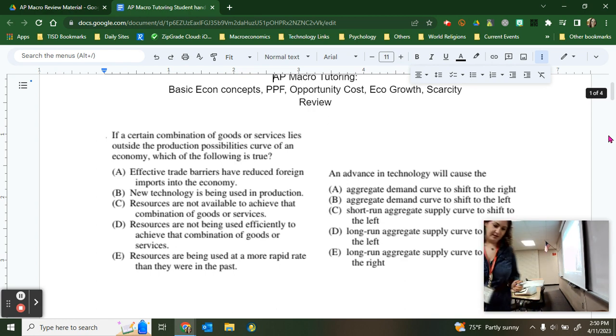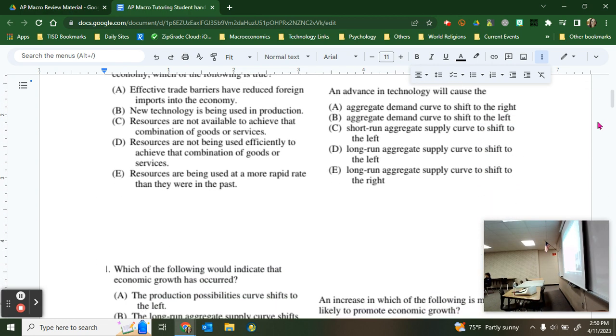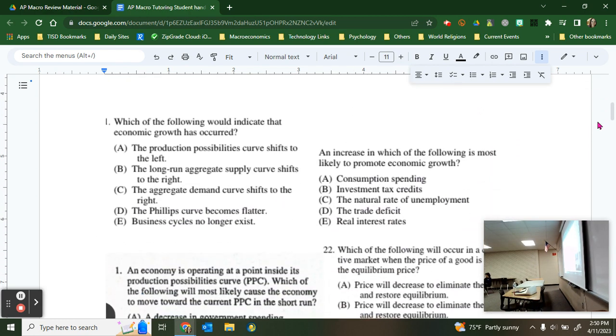All right, let's scroll down a little bit. I kind of just answered this question, but which of the following would indicate that economic growth has occurred? Only if the PPF curve shifts to the right, which is not an answer choice, but we just said that the PPF curve and long run aggregate supply are the same thing.